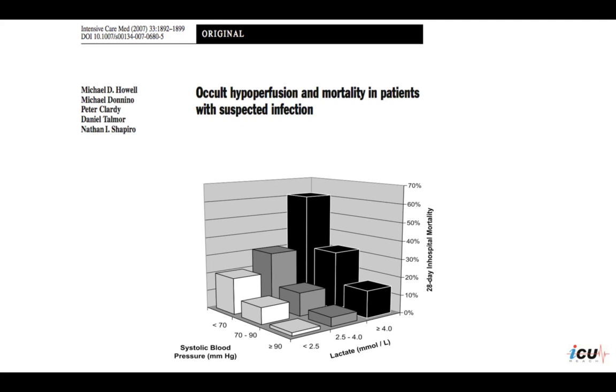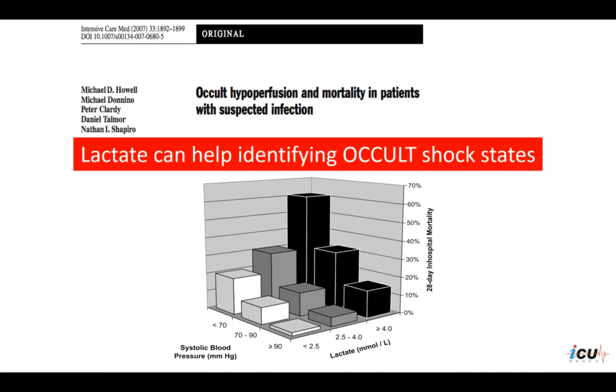whether you are dealing with occult shock or not. You can see here that patients who have lactic acid elevation above 2 may not necessarily have hypotension. So you can see that the systolic blood pressure here is more than 90.